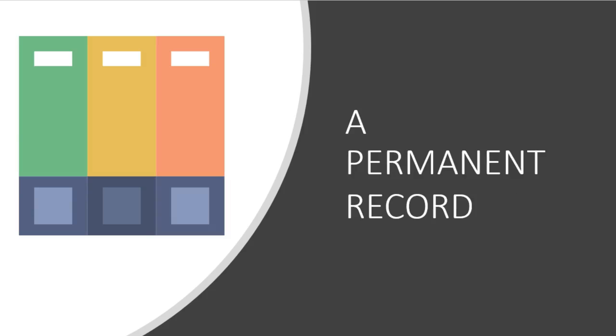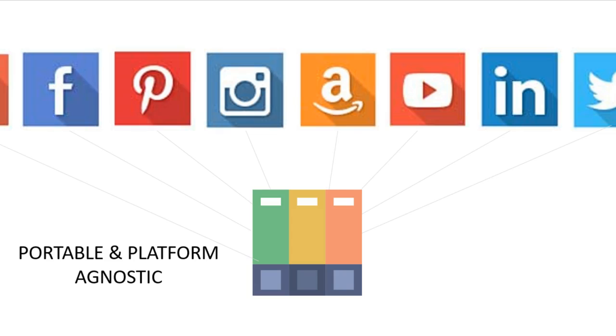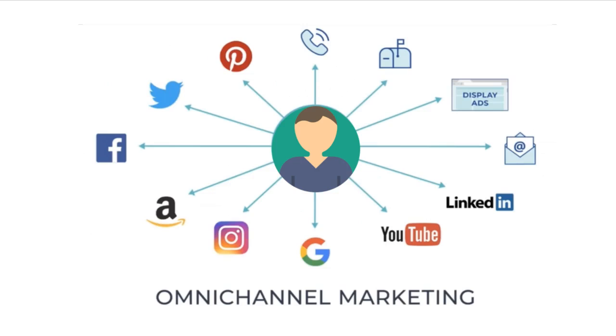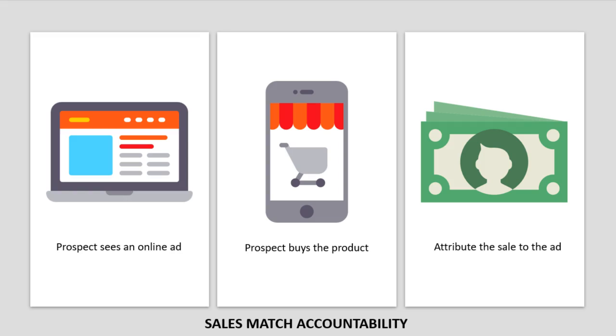SiteVisitor Match gives you a permanent record of your best leads. A portable targeting method that's platform agnostic. The ability to target behavioral and demographic lookalikes across any platform at any time for as long as you want. True omni-channel marketing capability that even allows you to reach site visitors offline through things like direct mail or outbound phone calls, or, coming very, very soon, radio and TV.